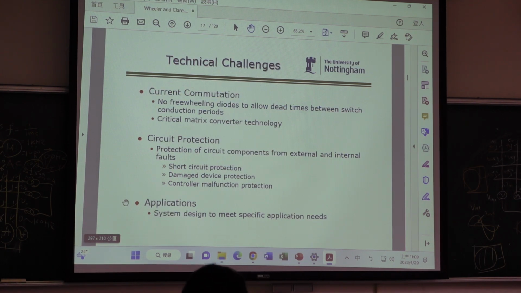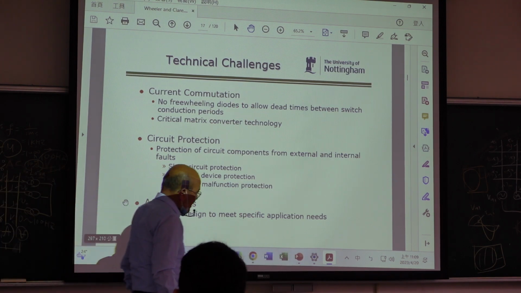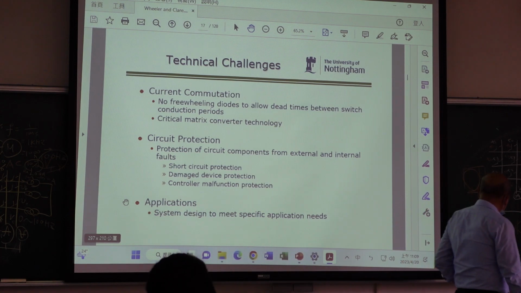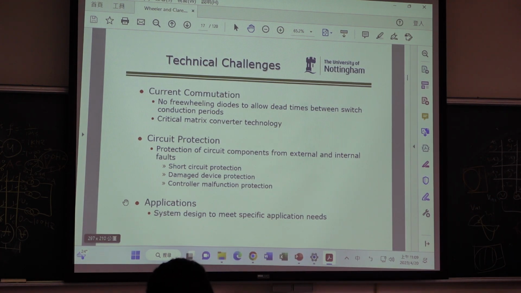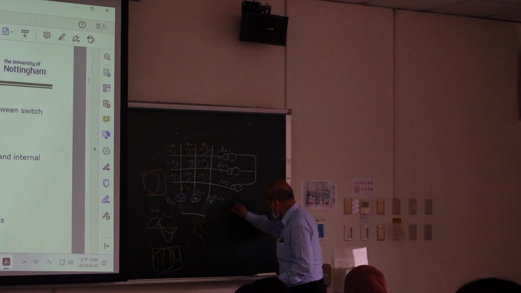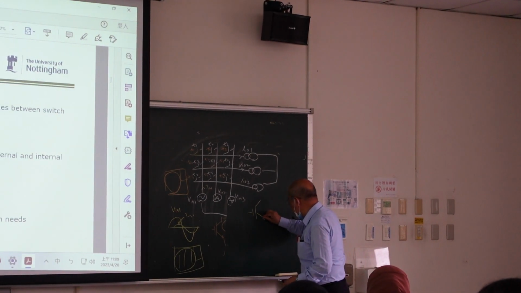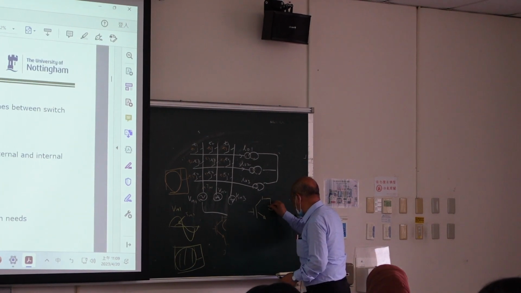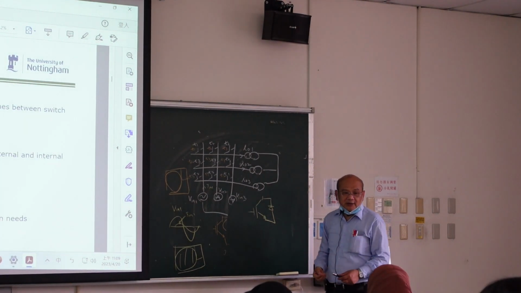So technical challenge. If you want to study matrix converter, what is your challenge? First is no free-wheeling diode. So before, if we design the inverter, then we have a diode in parallel with the device. So we always provide a path here, right?